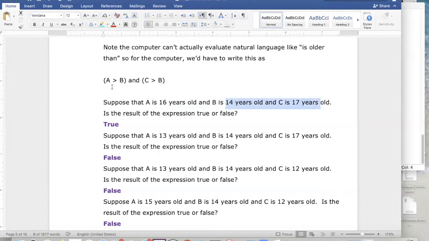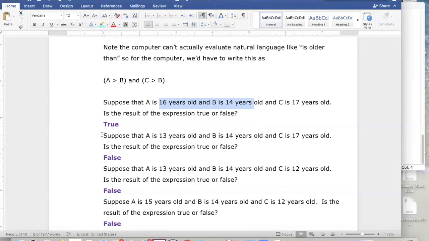So each of the sub-expressions is true, and in the AND operation, that means the overall answer is true. And if you think about that logically, just thinking about a friend group or answering a question that would come up in natural everyday life, your intuitive answer matches the answer that the computer would logically give. So if you were trying to figure out if A was older than B and if C was also older than B, then if A was 16 and B was 14 and C was 17, you'd come up with the answer true.